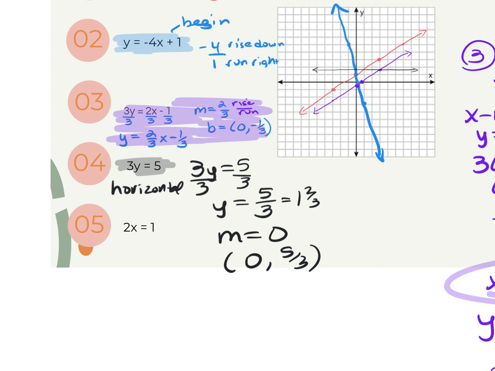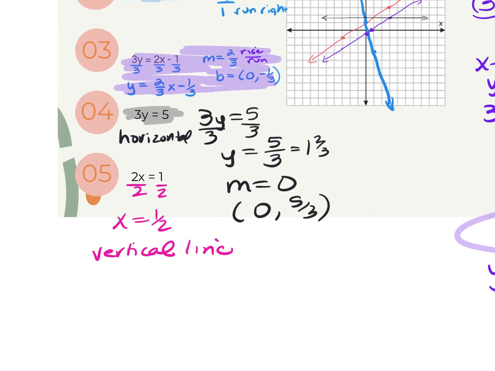And for number 5, when it's x equals a number, let me do this one in pink, it's going to be a vertical line. X equals 1/2. Notice when it's x equals a number, this is a vertical line. And remember, for a vertical line, the slope is undefined.